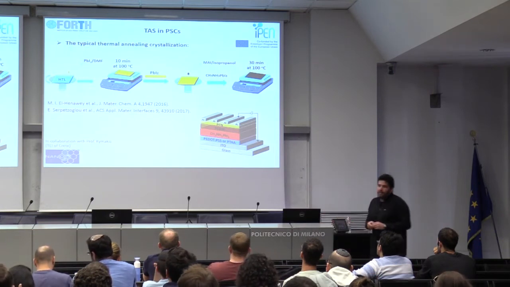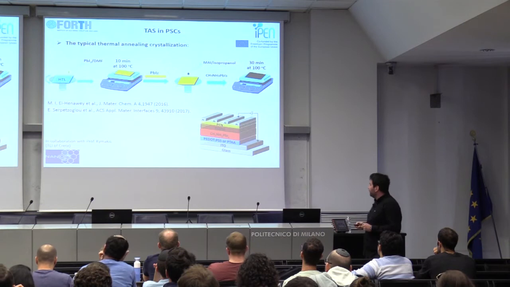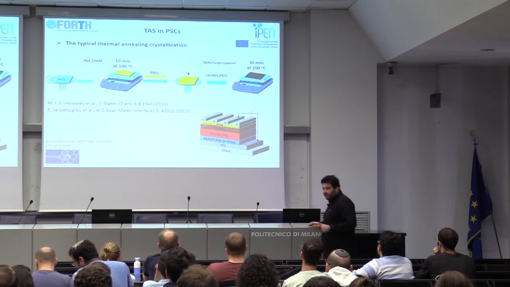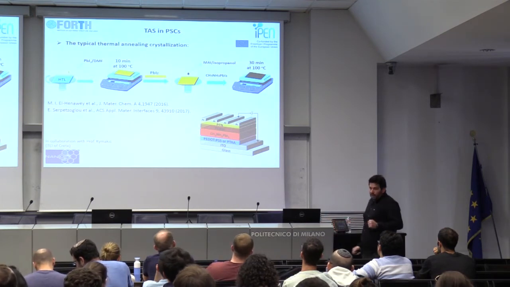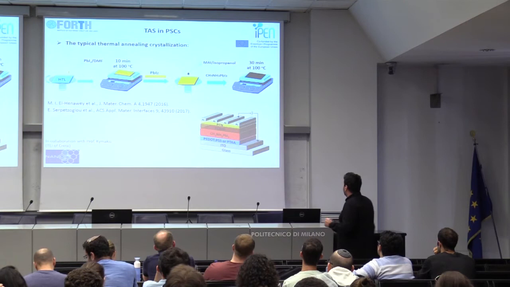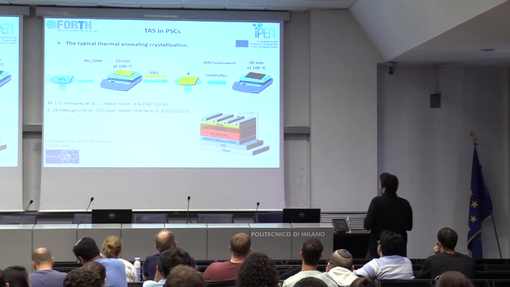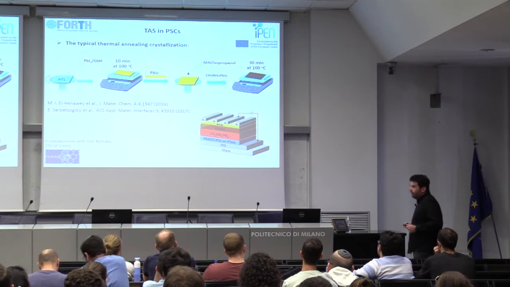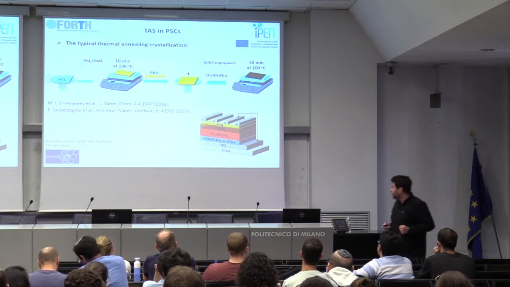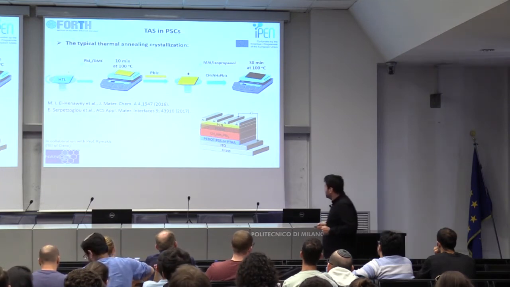Then you heat it up at 100 degrees for 10 minutes. And then you add the methylammonium iodide solution and you heat it up for another 30 minutes at 100 degrees. So you will need around, let's say, 40 minutes of thermal annealing to make these devices.